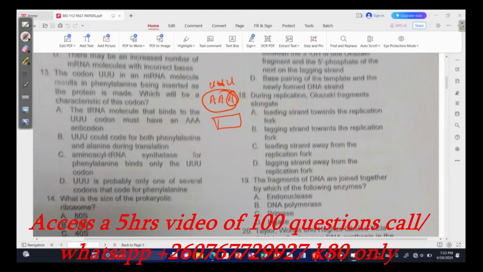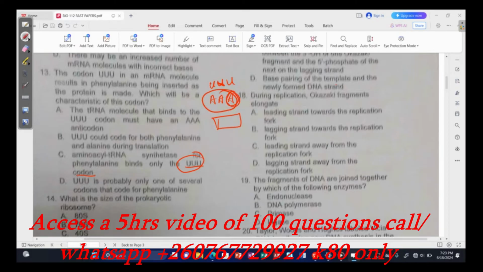phenylalanine binds only this and that. We have already said that due to the wobble hypothesis, the tRNA carrying this amino acid may even contain a different anticodon at the third position.